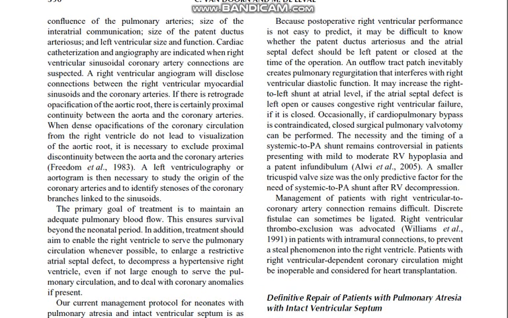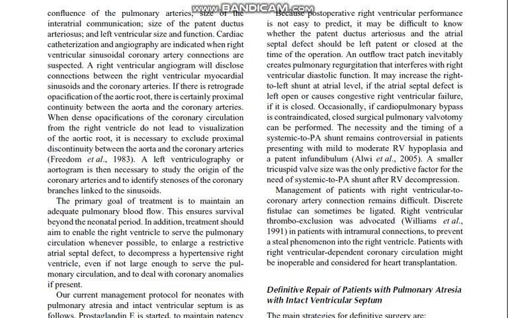The primary goal of treatment is to maintain adequate pulmonary blood flow. This ensures survival beyond the neonatal period. In addition, treatment should aim to enable the right ventricle to serve the pulmonary circulation whenever possible, to enlarge a restrictive atrial septal defect, to decompress a hypertensive right ventricle, even if not large enough to serve the pulmonary circulation, and to deal with coronary anomalies if present.